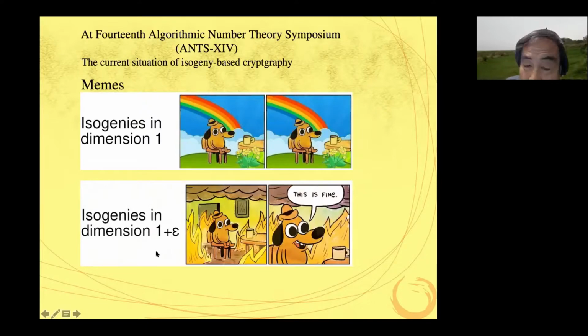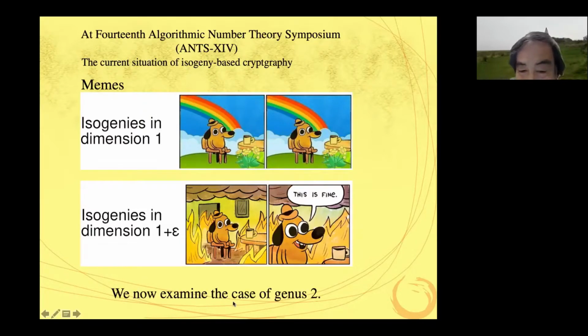Now they actively investigate such situations, and many papers now appear. So something like fire around him. And this is a welcome station. And he said, it's very fine. So now, we examine the case of genus 2.